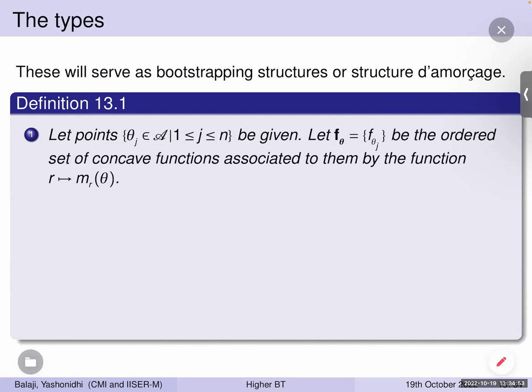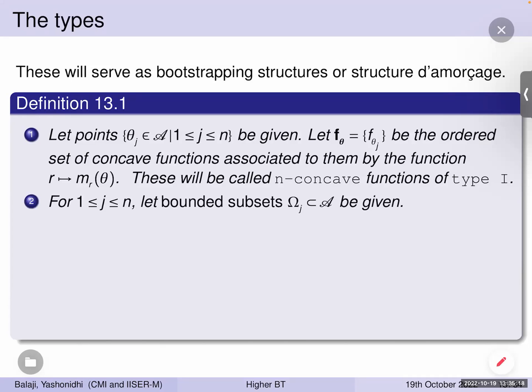We form from them boldface F_theta, the ordered set of concave functions associated to them by the function r goes to m_r theta. That is the type 1 technique. These will be called n concave functions of type 1.